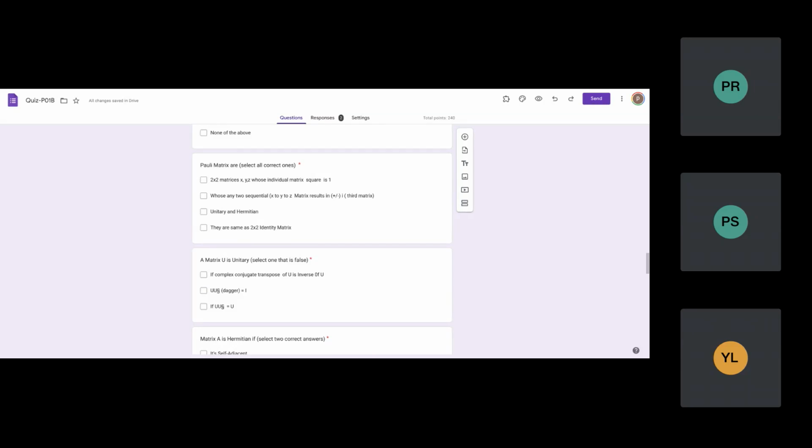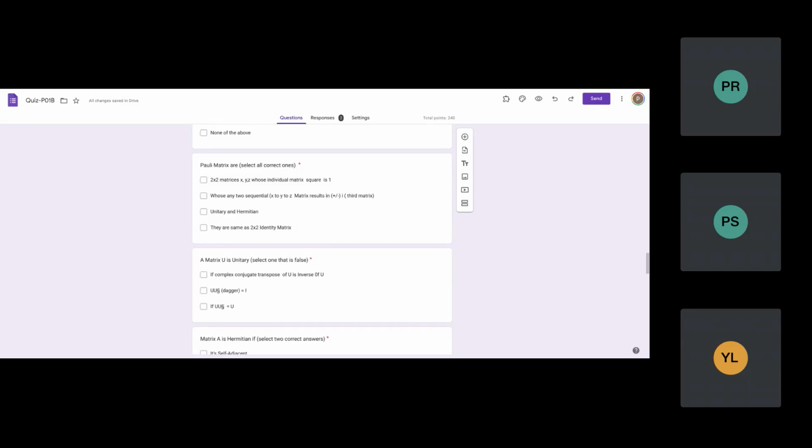So it's correct. But you remember, x square is identity, y square is identity, z square is identity. So the only thing is we have to multiply and see x to z and y to z. When you do anything with respect to z, x or y, you are going to get plus minus, either i or minus i. It doesn't matter.